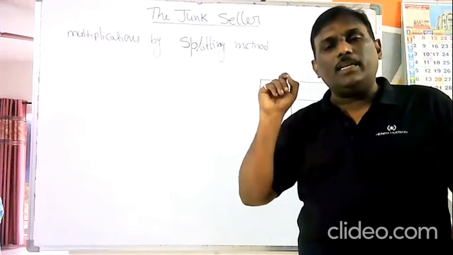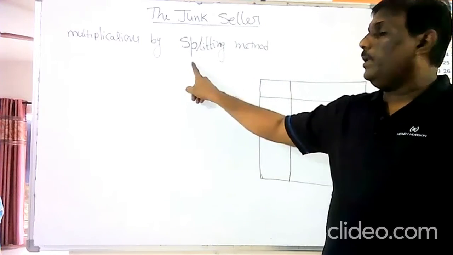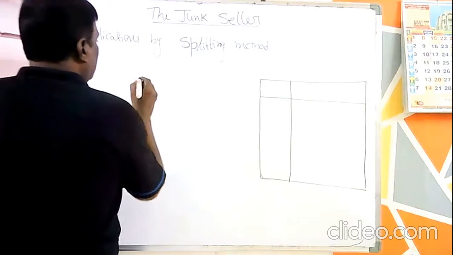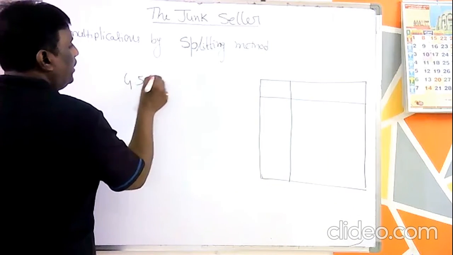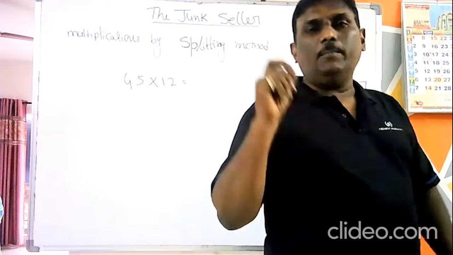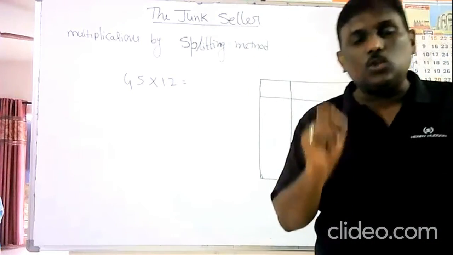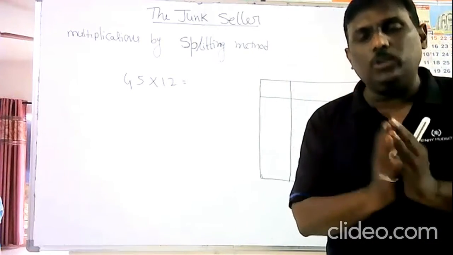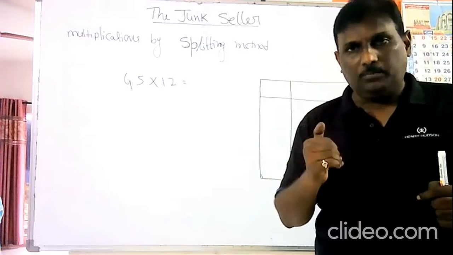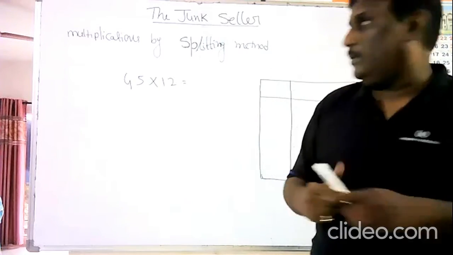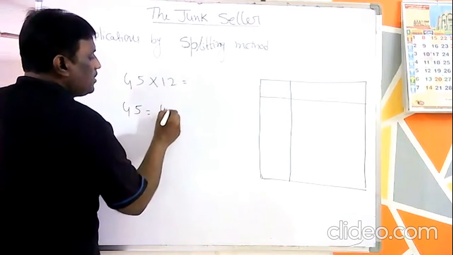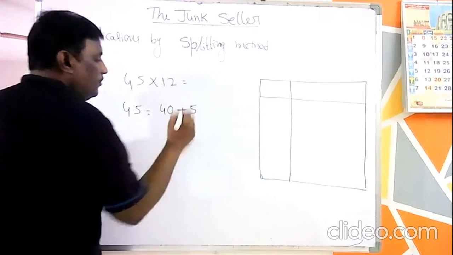What is this splitting method? For example, 45 into 12. Suppose you want to multiply 45 with 12. How do we do this by the splitting method that we are going to learn now? 45 can be written as 40 plus 5.